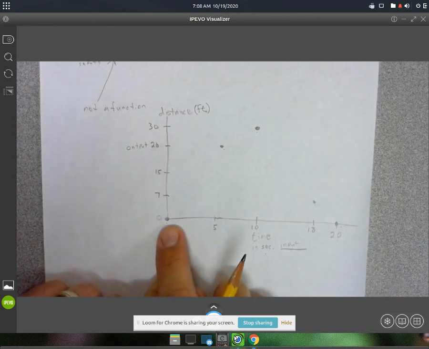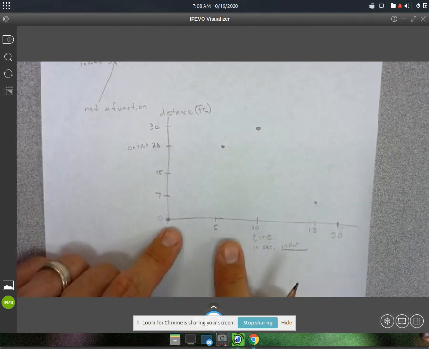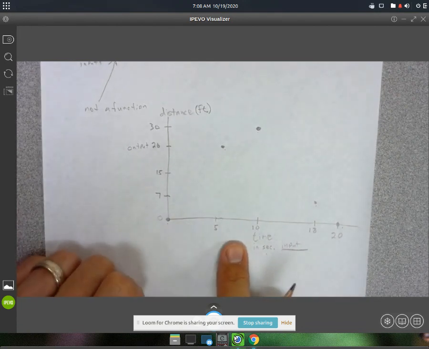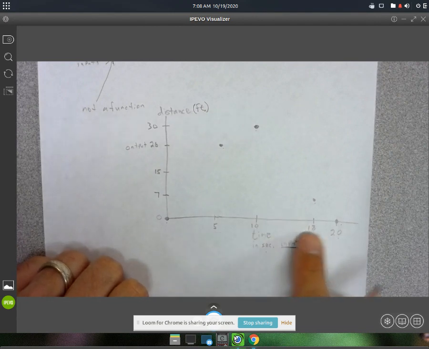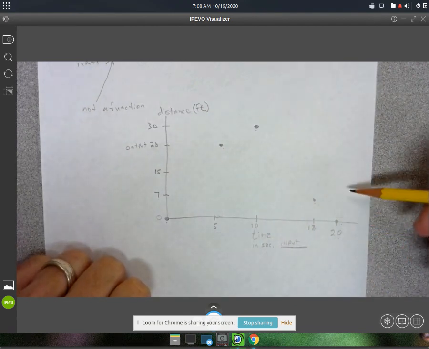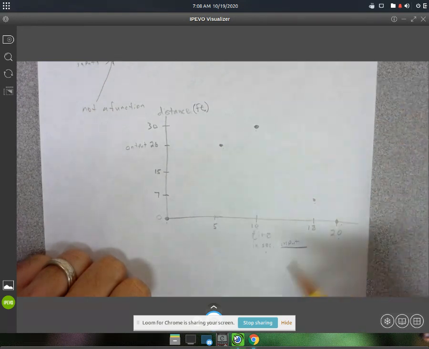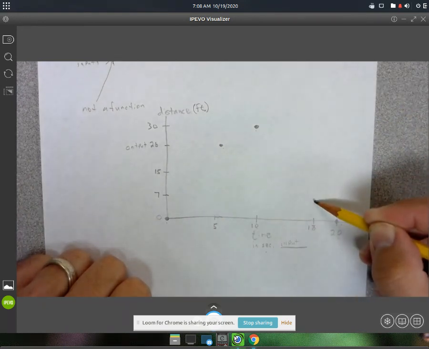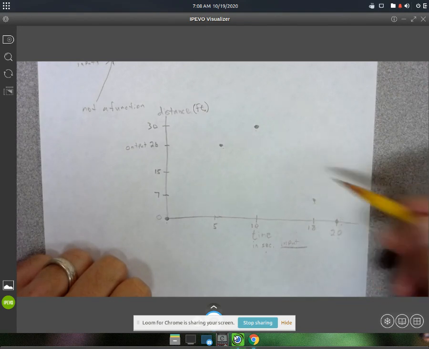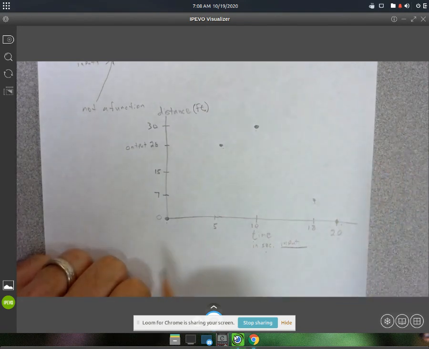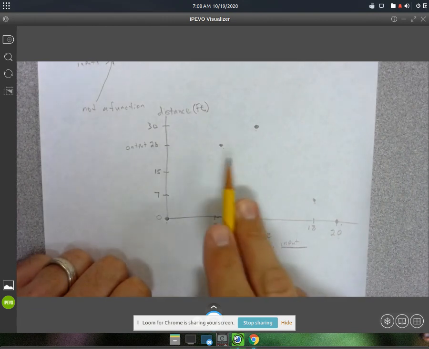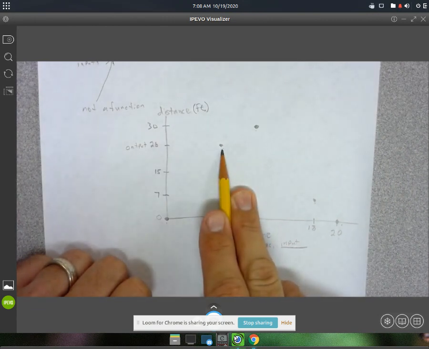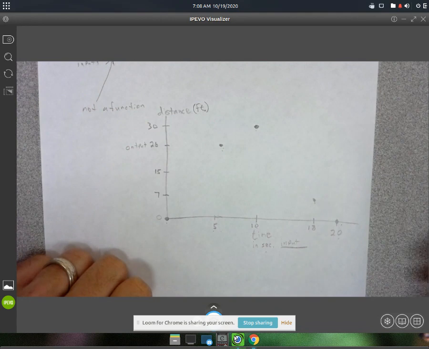Now 0 also pairs to 0. The reason this is a function is that each input only pairs to exactly one output. At 18 seconds, I'm not 7 feet away and 15 feet away. At 5 seconds, I'm only 26 feet away. I can't be in two places at once.